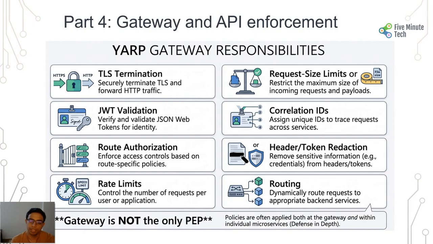A gateway may be misconfigured, bypassed through an internal path, or compromised. Therefore, each of these APIs, for example the order API, must have the capability of defending its own resources. YARP supports authentication and authorization before proxying the request, and route configuration can associate a specific authorization policy with the route.